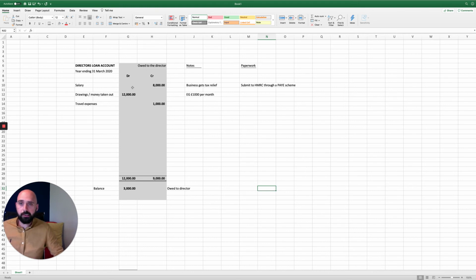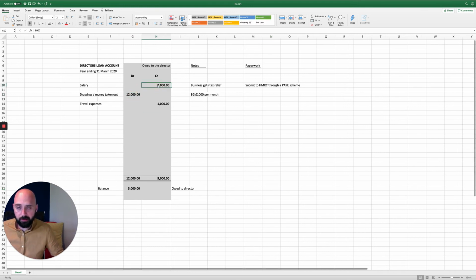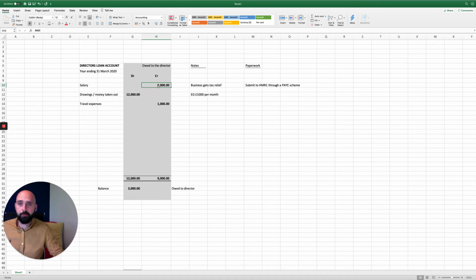So you've physically taken out £12,000. We know that £8,000 is a salary because it's been submitted to HMRC, regardless of as and when you pay that. So you've taken out an extra £4,000. However, you're entitled to £1,000 in expenses. So all in all, it's an extra £3,000 when you add up.